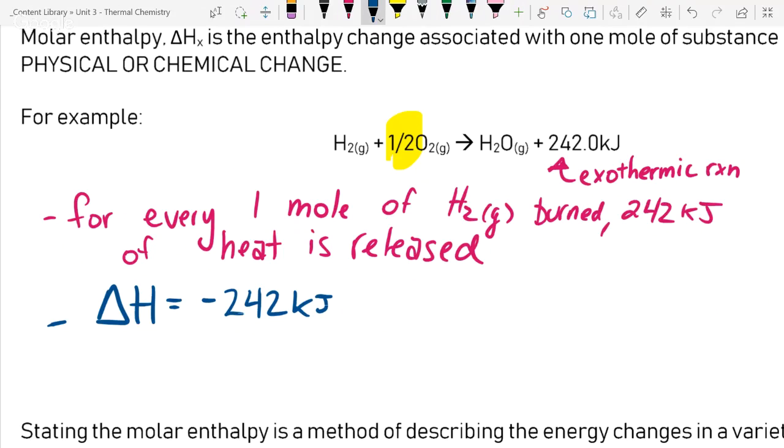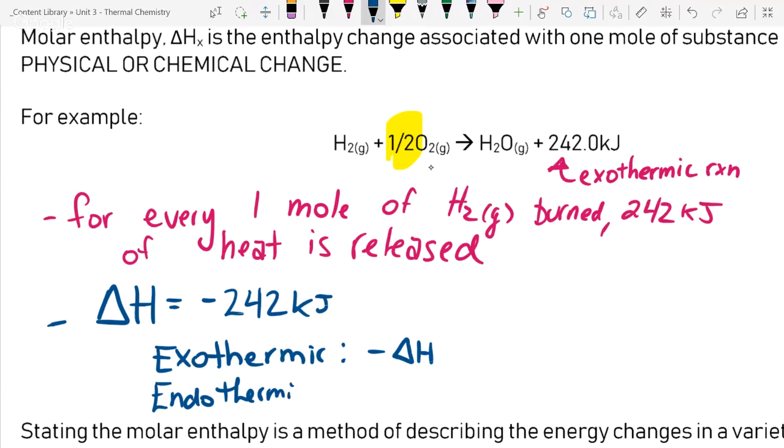All right? So exothermic reactions have a negative delta H. In which case, endothermic reactions would have positive delta H's.